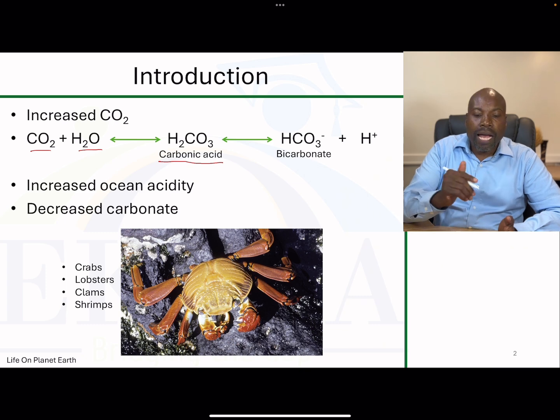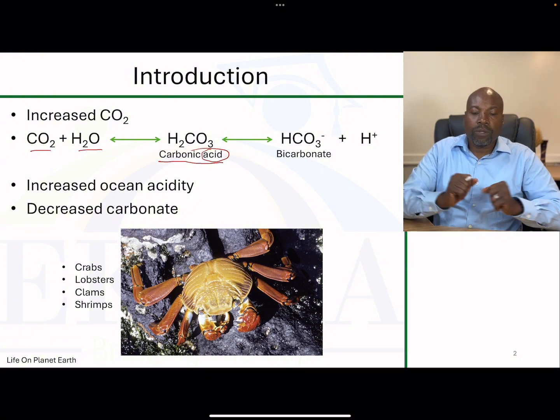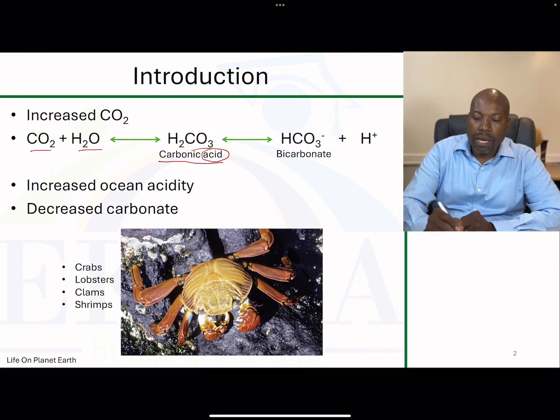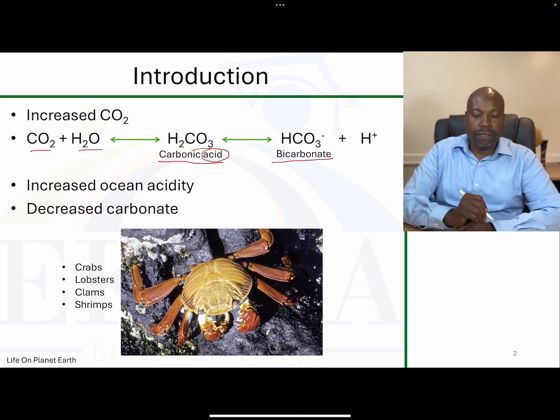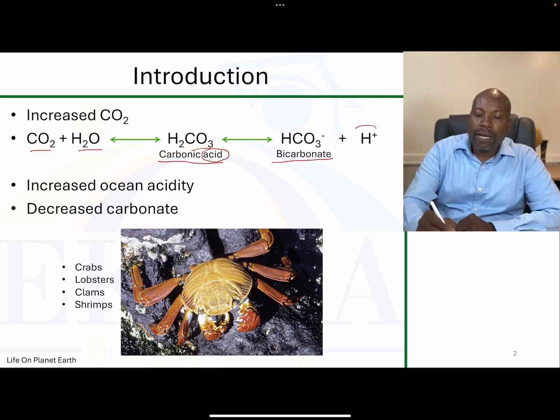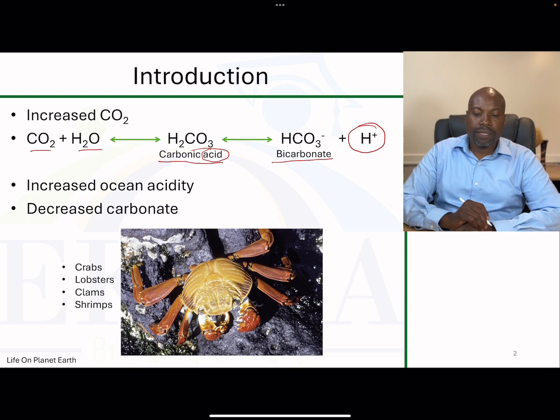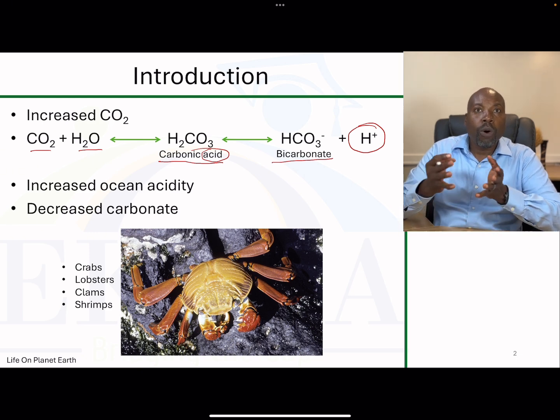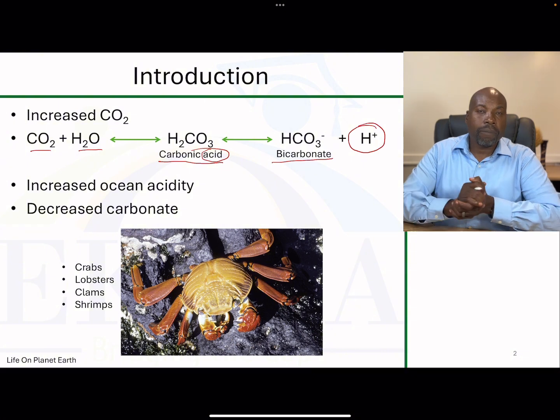Carbonic acid, as its name indicates, is an acid. That acid is going to split, releasing a bicarbonate ion and a hydrogen ion. That ion is going to cause water to be acidic.